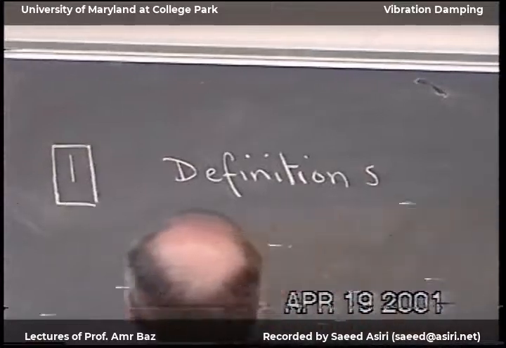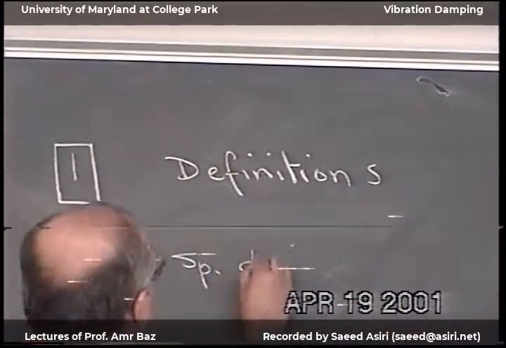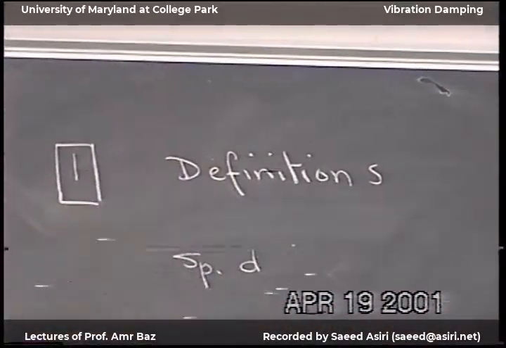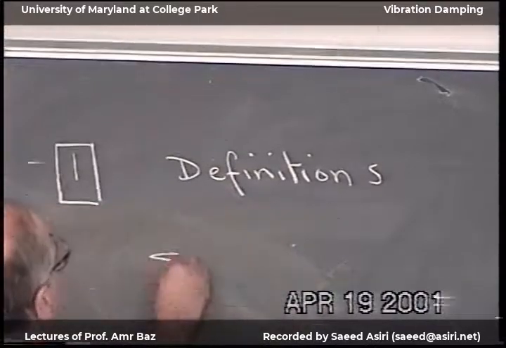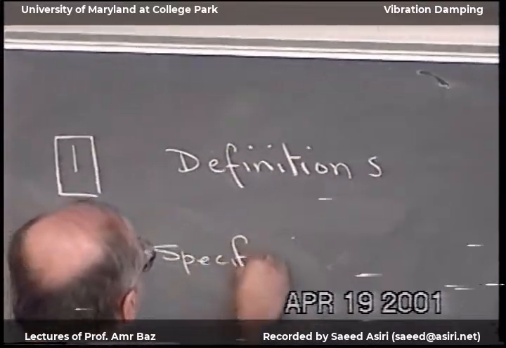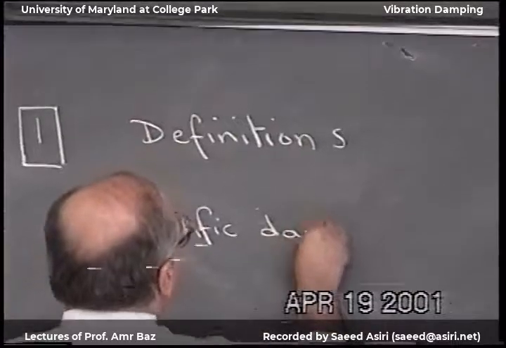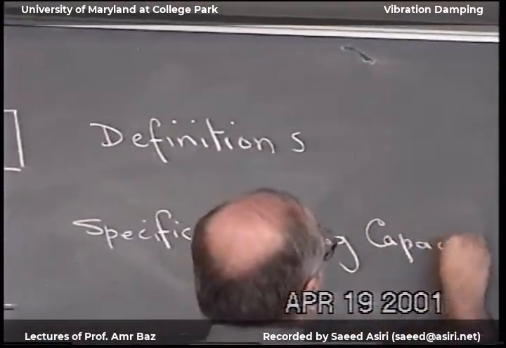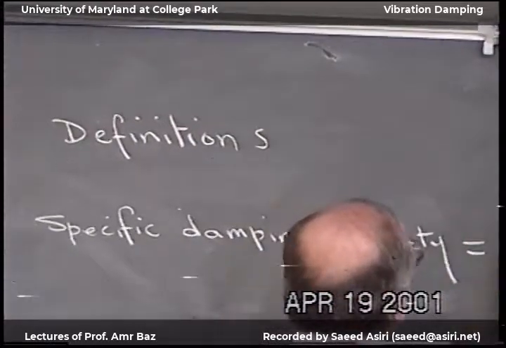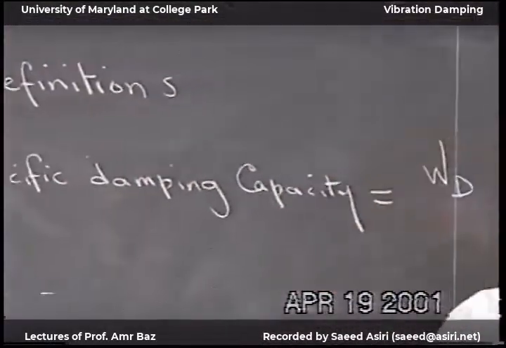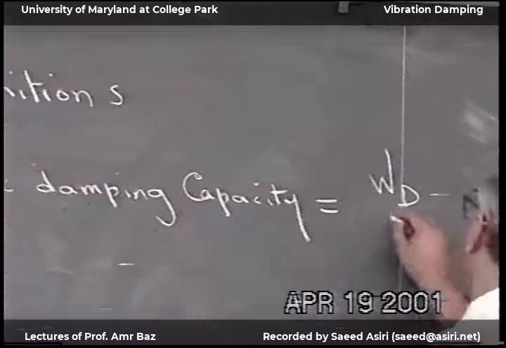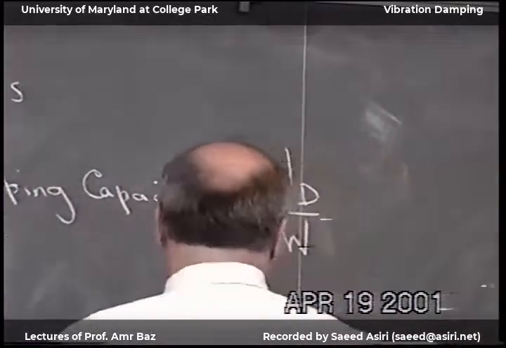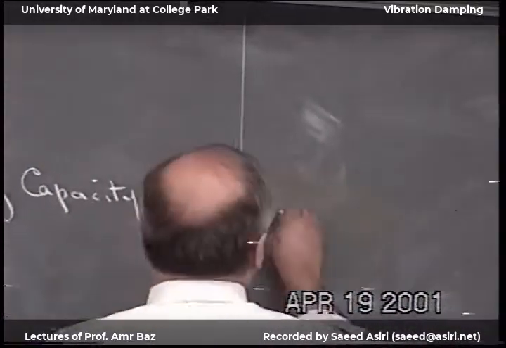We said we have a specific damping capacity, let me write it down. This is equal to the dissipated energy divided by the total energy.